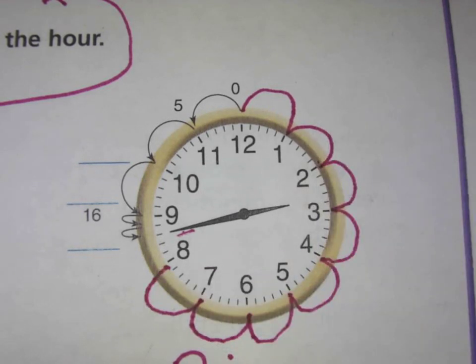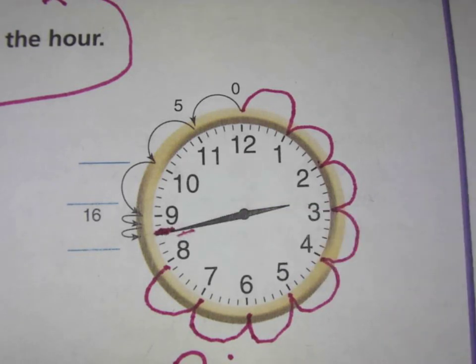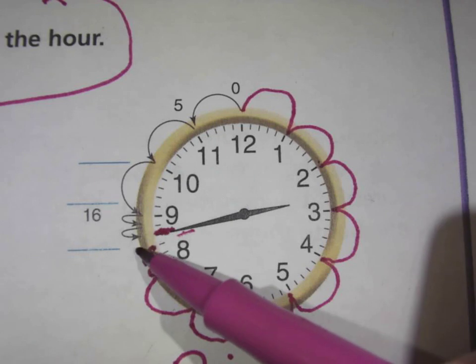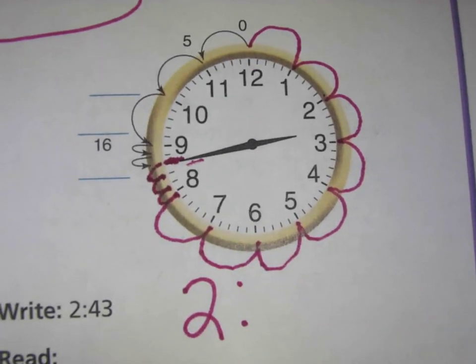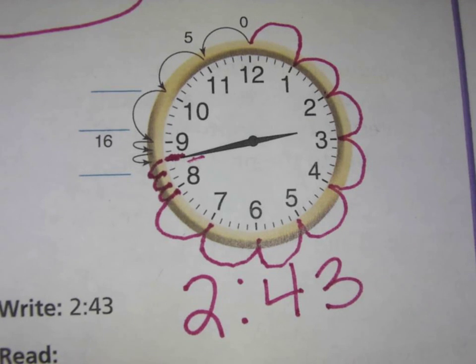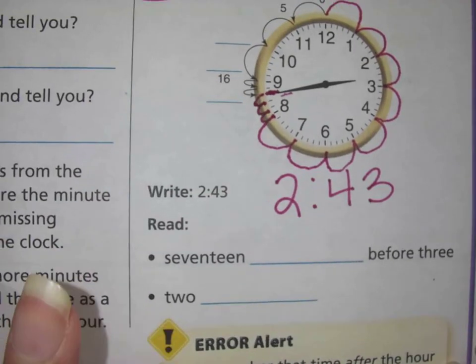Now I'm going to count up by ones and stop right here because this is where the minute hand stops. So 40, 41, 42, 43. Okay, so it's 2:43.